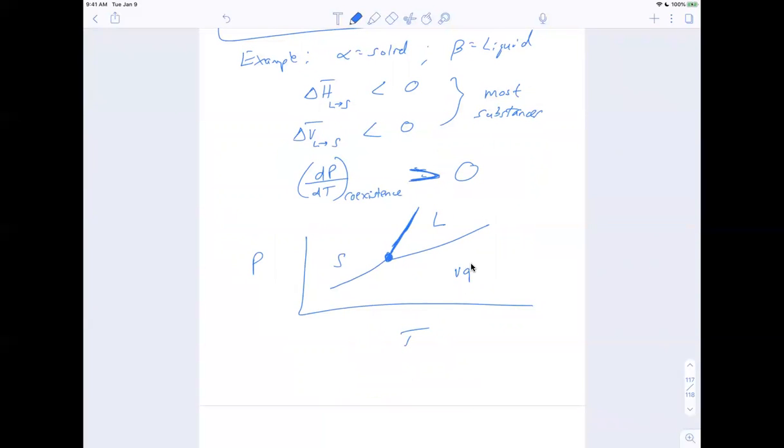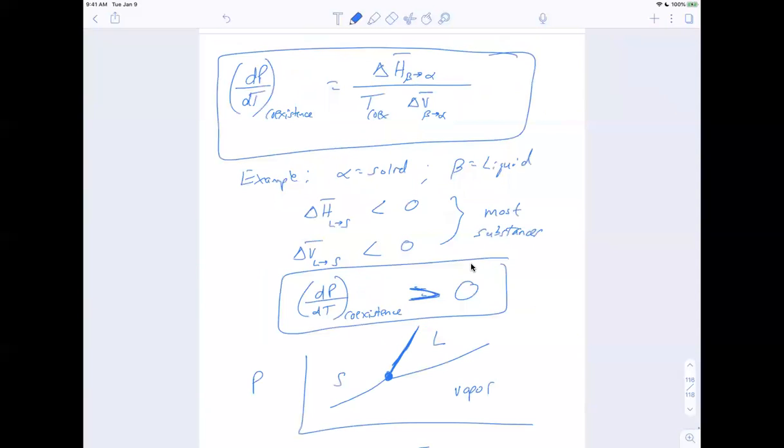Our result from this expression is saying that the slope dP/dT along coexistence, because delta H and delta V are both negative in the case of solidification, is going to turn out to be a positive slope. And that's exactly what we see for most fluids.